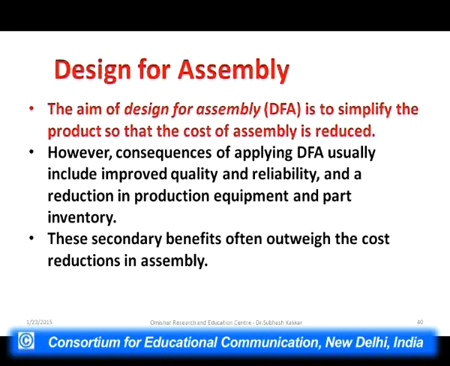However, consequences of applying DFA usually include improved quality and reliability and a reduction in production, equipment and part inventory. These secondary benefits often outweigh the cost reductions in the assembly.